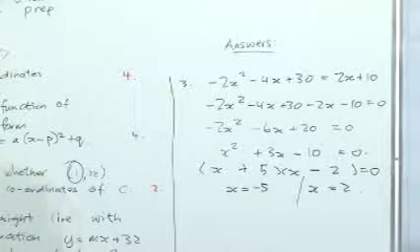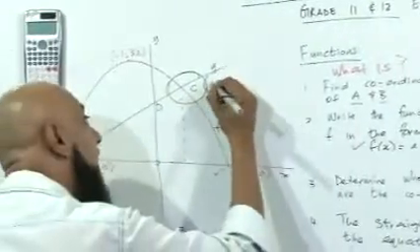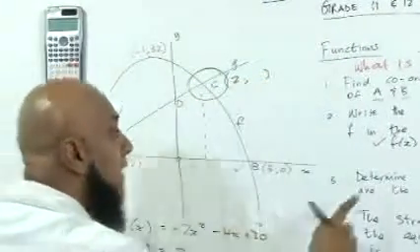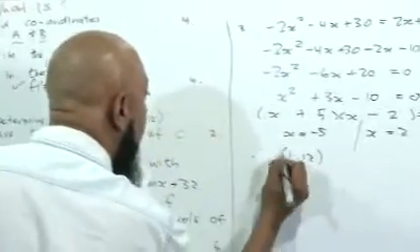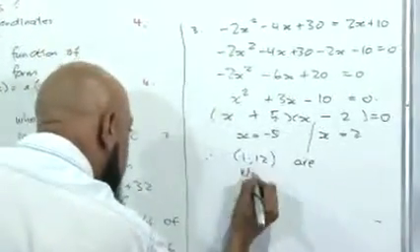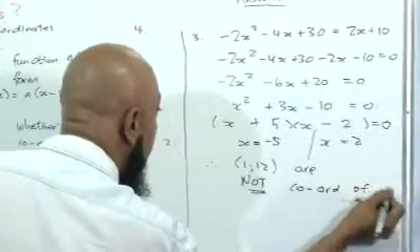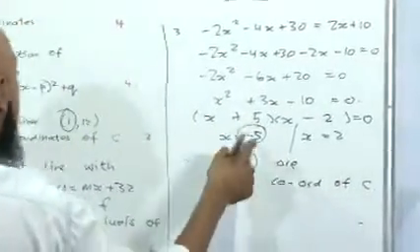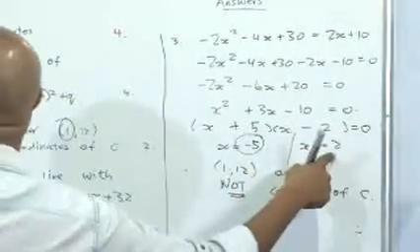There we go. That means the coordinates of C, the x value there, has got to be 2. So to determine whether (1; 12) are the coordinates of C: therefore, (1; 12) are not the coordinates of C, because your one x value here, there we go, negative 5, which we know we are right. The other one should be 2.